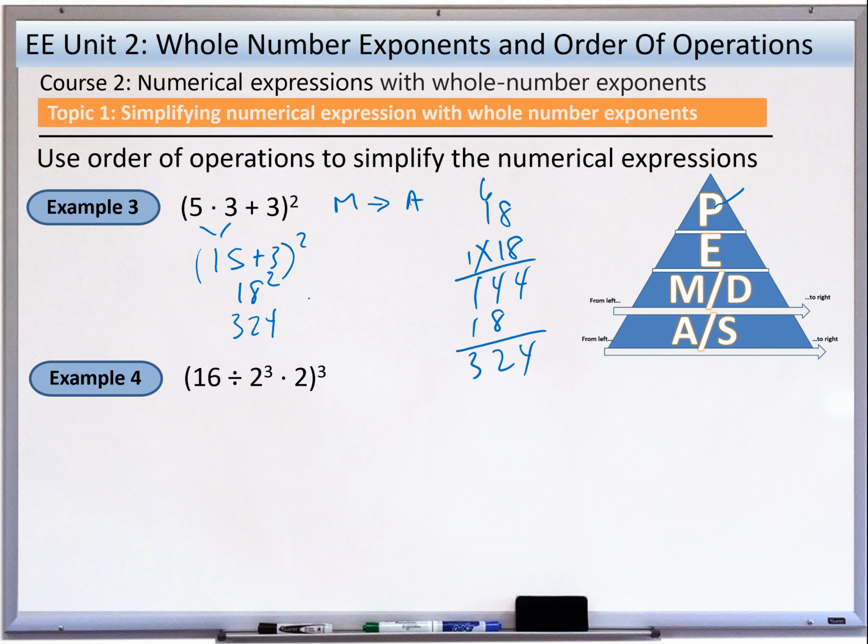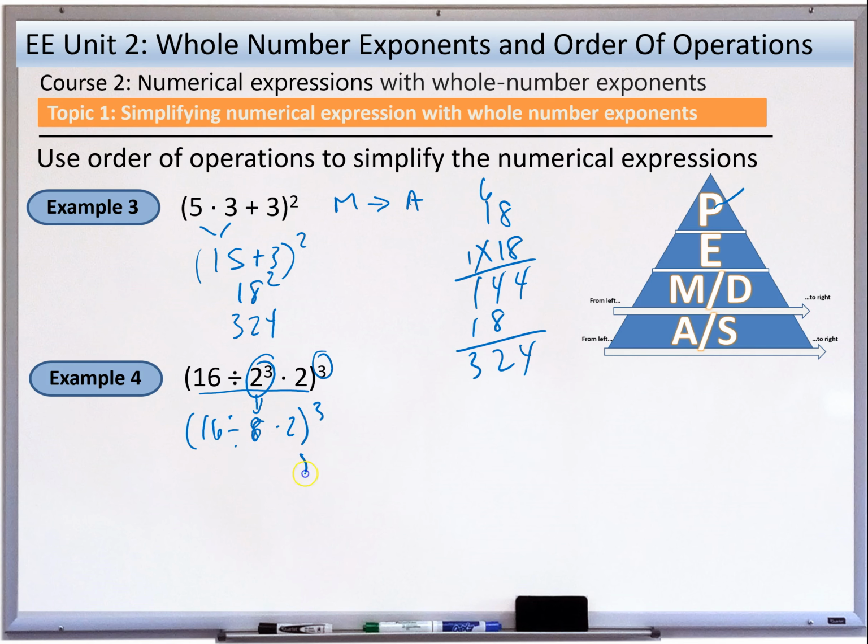Okay, going to do one more real quickly and then finish this up in another video. All right, so again, we have parentheses, so we have to wait to cube, or raise to the third power, until we finish everything inside here first. And now we look inside here, we have to do our exponents first. So it's going to be 16 divided by 2 to the third power, which we know is 8, times 2, and then we're going to cube it when we're done.